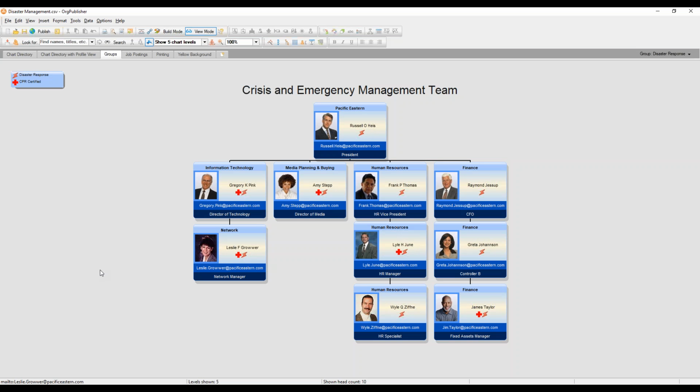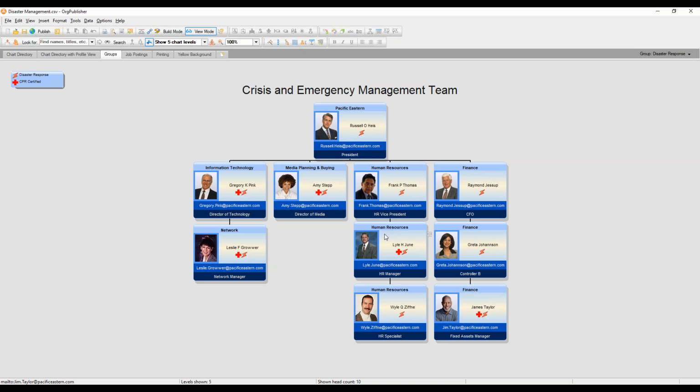A few moments ago we looked at the components of the parties involved in the crisis and emergency management team and the facets of the organisation that need to be addressed. And simply by looking at this chart, we can see, have we got everybody covered? Have we got the assets covered? Well, yes, here's James, he takes care of fixed assets. Have we got the people covered?